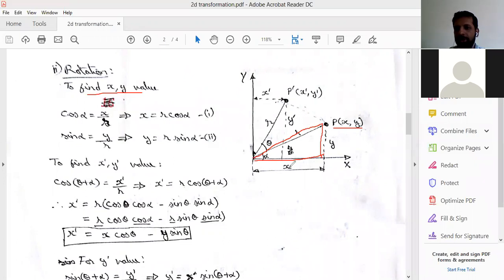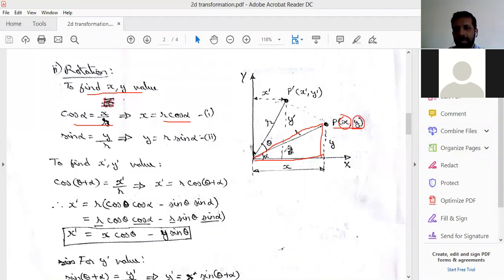The adjacent side value is x, the hypotenuse value is r, so x by r. If we rewrite this to find the x value, x becomes r times cos alpha, right? R times cos alpha.